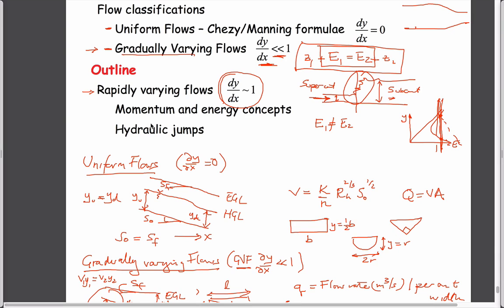Rapidly varying flows, as their name would suggest, means that the flow goes from being something to something else, basically in no distance at all. In other words, when this number is now quite large compared to this. So this is a very smooth transition. This is a very rapid transition.